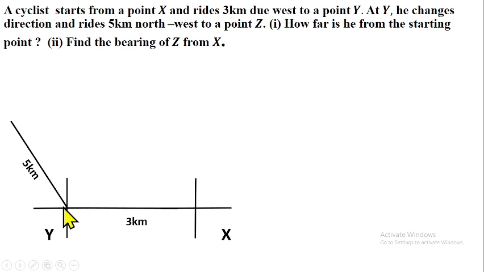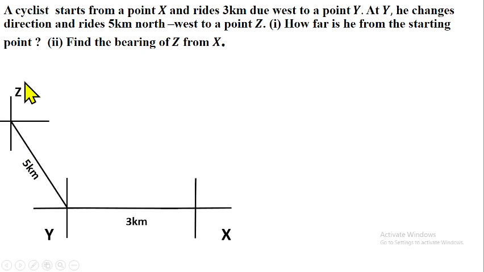If it is northwest, you should know the angle that is here, and that should be 45, because this is a compass bearing. North to the west means the angle here is 45. So he rides 5 kilometers northwest to a point Z. So that means you have another point here, which is Z.